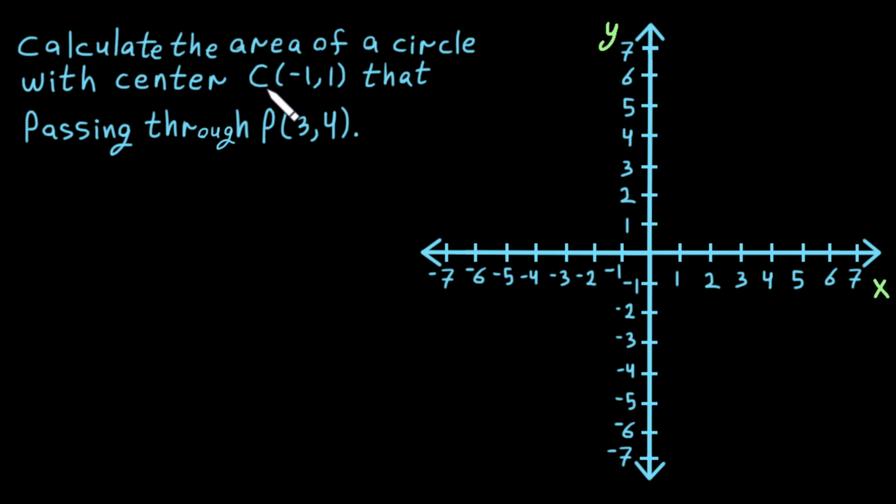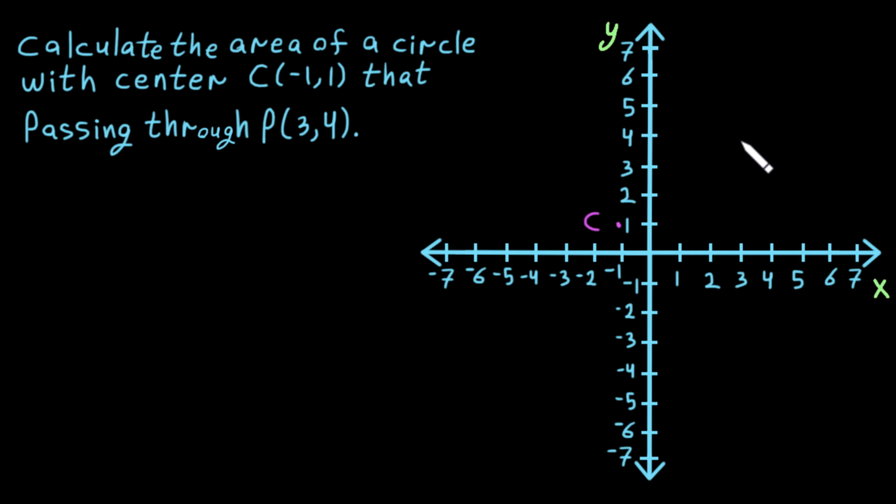Here we have the center of the circle, which is (-1, 1). So here is the center of the circle, which is C. And we have the point P on the circle, (3, 4). I will plot it as accurately as I can.